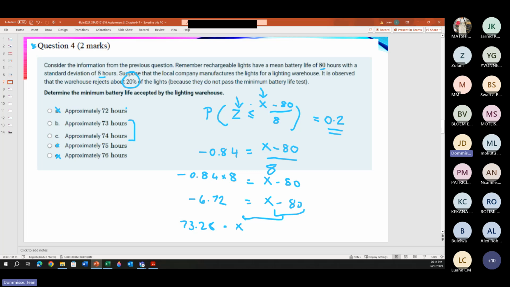Okay, this is very similar to one that we did in the previous two sessions, where instead of you now needing to work out the Z to get the probability, you need to use the probability to work out the Z, or to get the Z to work out the X. They do love to ask one or two of these in the assignments.